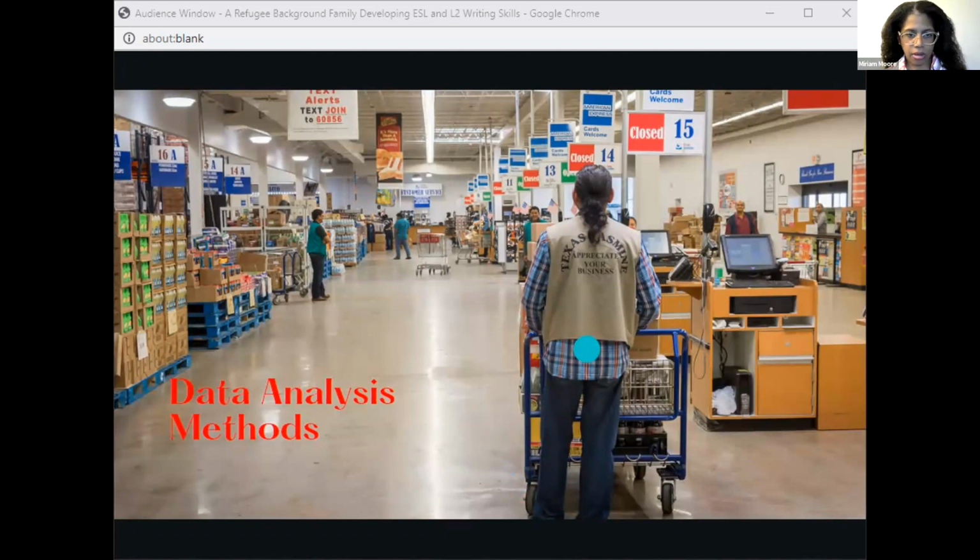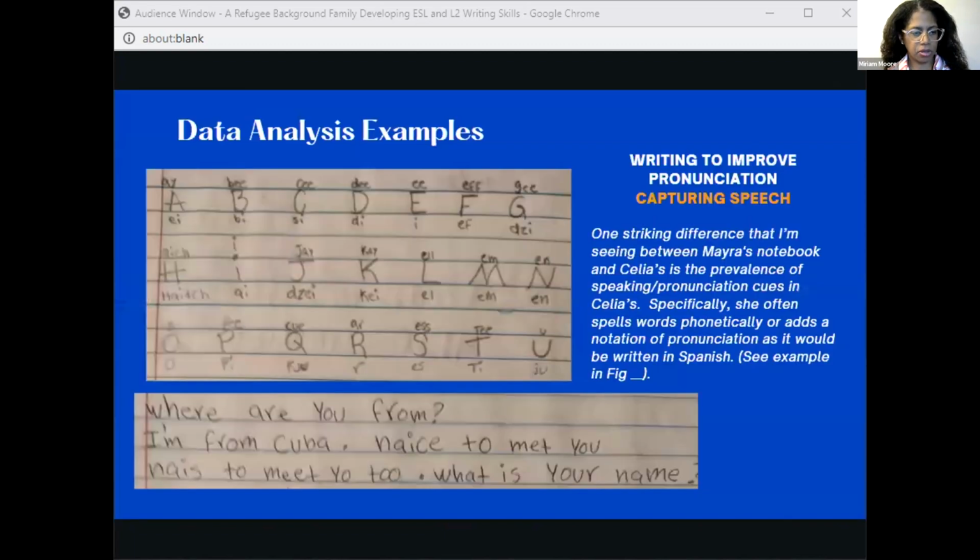So I was talking about observing them in these different contexts and making comparisons among those contexts as part of the analysis. And then the question was, but how do you analyze the writing? And here's the example of where she was writing and misspelling words, but then I realized these were phonetic spellings, not misspellings. She was writing to learn the way that the words were pronounced.